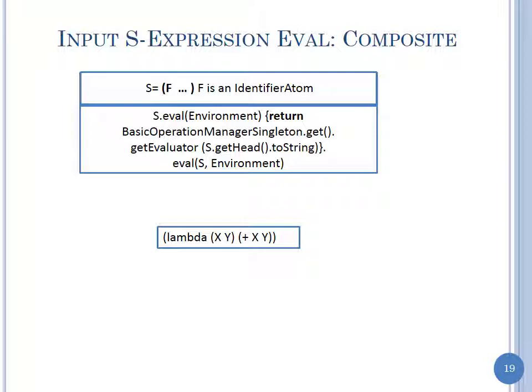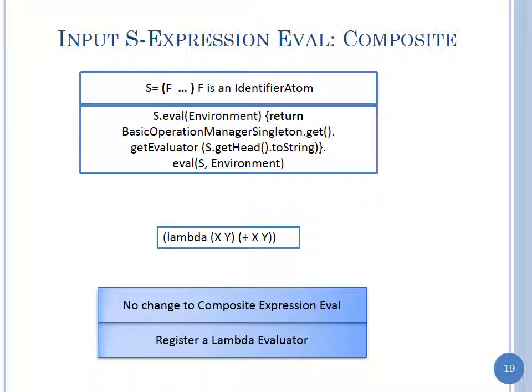And why is this syntax important? Because I can just go and register a lambda evaluator. I can give that input S expression to a lambda evaluator and say, you do whatever you need to do. As far as I'm concerned, I've got an identifier, I've got something I can look up, something to which I can pass the input S expression, and you return whatever you want through your eval method.